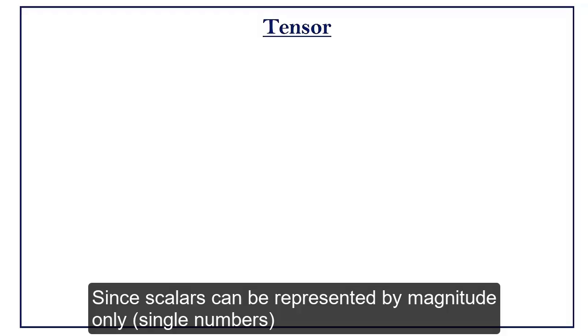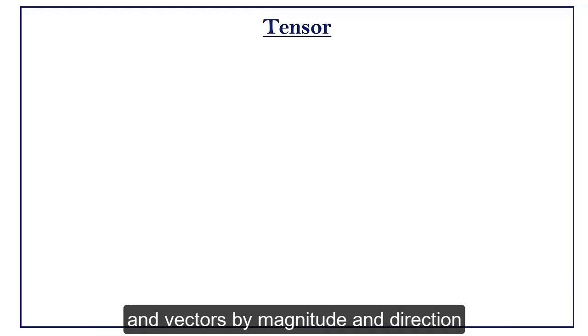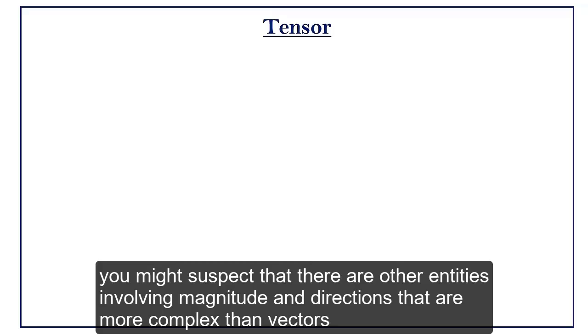In this video I am going to present one of my favorite topics, tensor. Since scalars can be represented by magnitude only, single numbers, and vectors by magnitude and direction, three numbers in three-dimensional space, you might suspect that there are other entities involving magnitude and directions that are more complex than vectors.